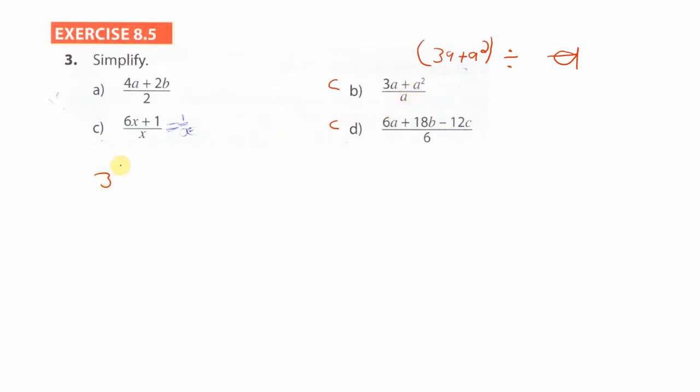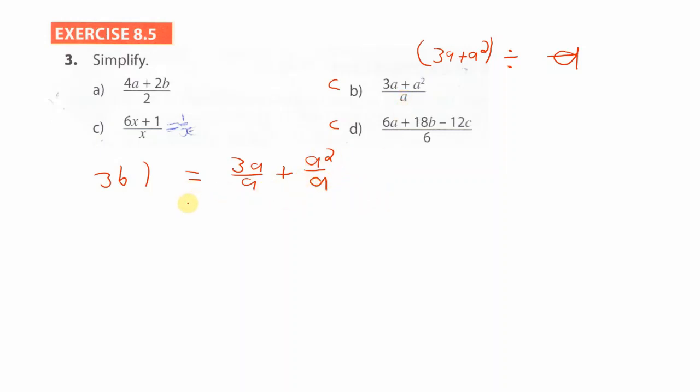So for number 3b, we can say it is the same as the 3a over the a plus the a squared over the a. So we simply have the divorce or the separation of the terms, but it's only possible if we have one term at the bottom.